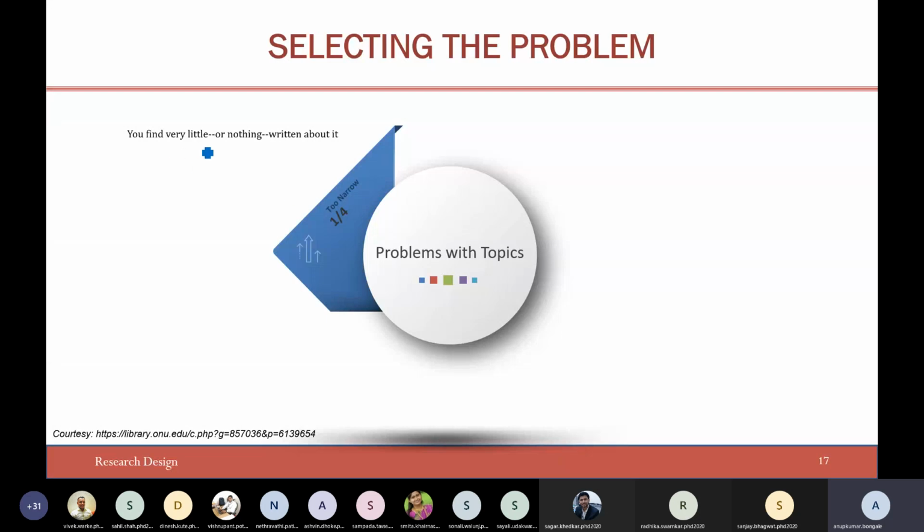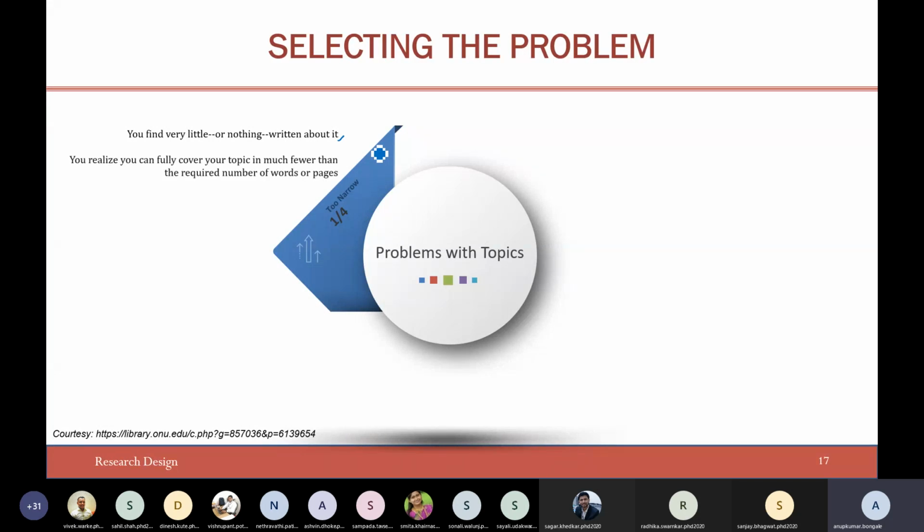One thing, you will find very little or nothing written about it, right? Under that circumstance, you should think: nowadays, with the information availability over the internet, it is so easy, but still if you are not able to find some information, you should think twice whether you should take up that particular area or not. Maybe either it is so novel that only you are thinking about it, or else you are thinking about it in altogether the wrong way.